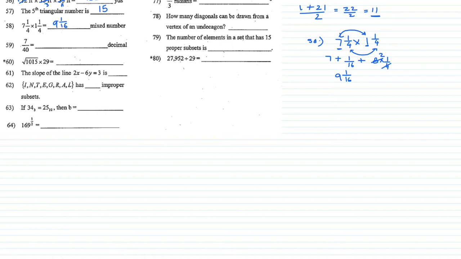Question 59, 7 divided by 40 in decimal format. So think of this as 7 divided by 4, and then we can divide this answer by 10.